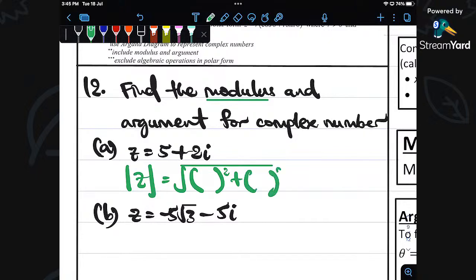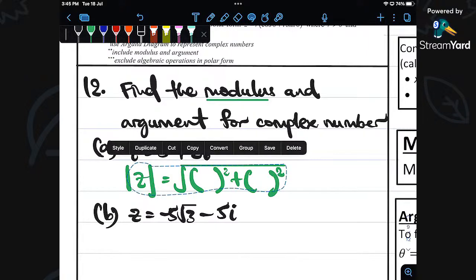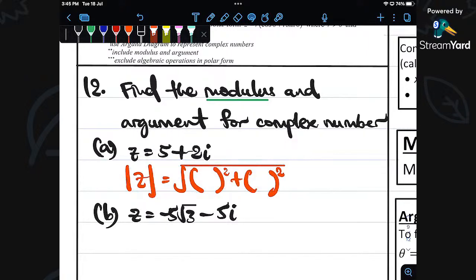I think I should make down the rangka dulu so that you boleh nampak. Inilah formula. This is the formula of the modulus for any question of Z. Okay, so you just masukkan nilai real dan nilai imaginary.